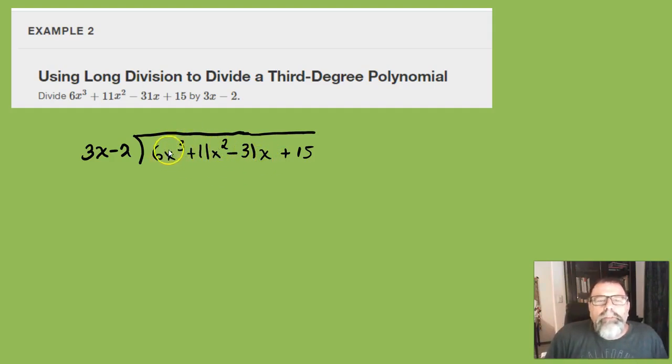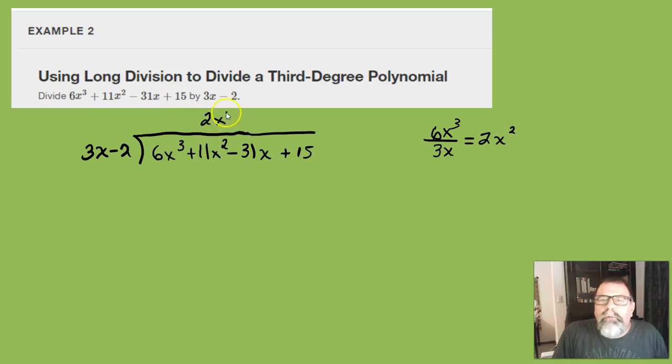Okay, so again, first step is we're going to take the first term inside divided by the first term outside. So 6x cubed divided by 3x is 2x squared, and we're going to put it in the x squared column.